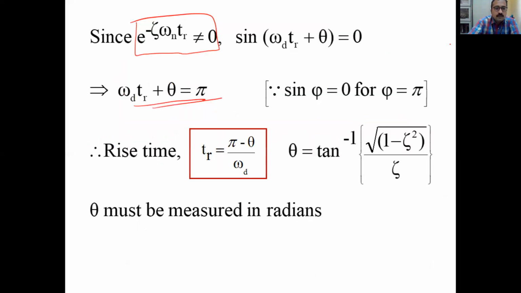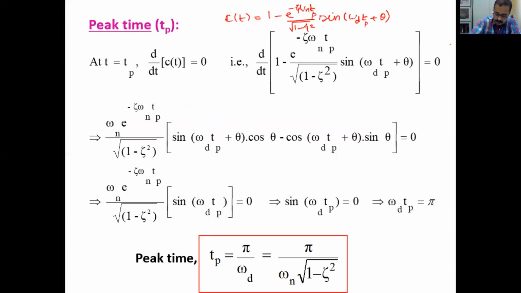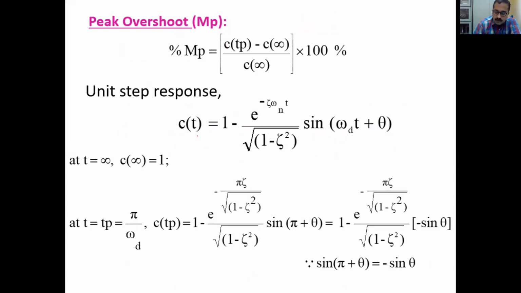So when you find peak overshoot, this is the unit step response, 1 minus e raised to minus zeta omega n t by and so on. At t equal to infinity, C of infinity is 1. So you can substitute for tp. What is tp? Pi by omega d.